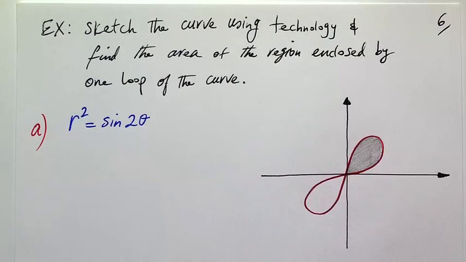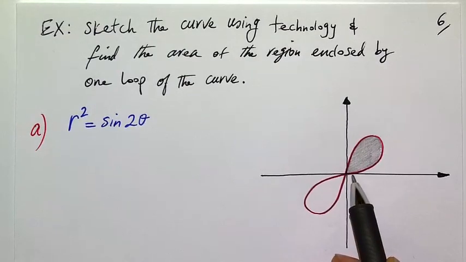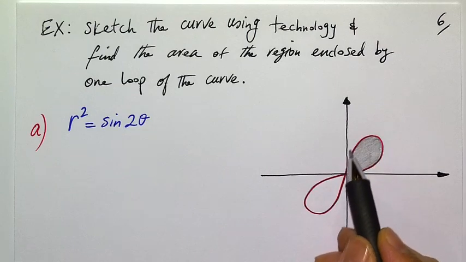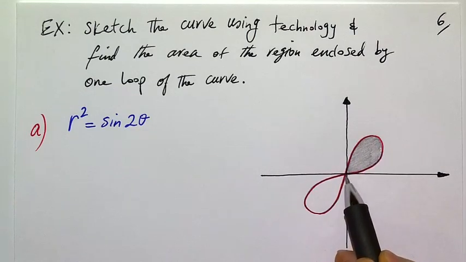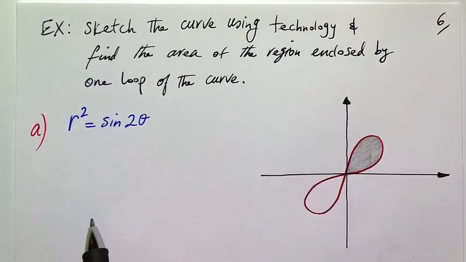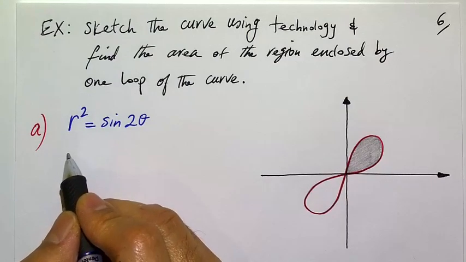So we need to know, looking at this figure, obviously it starts from 0, but from where to where we're going to trace this loop only.